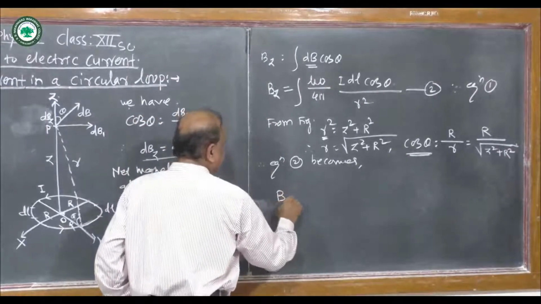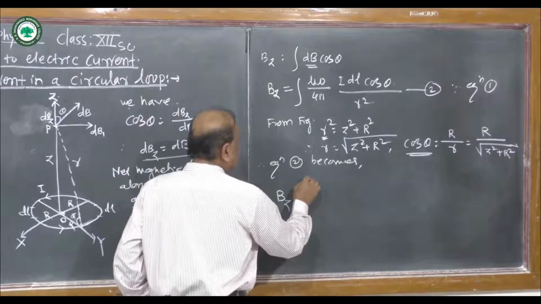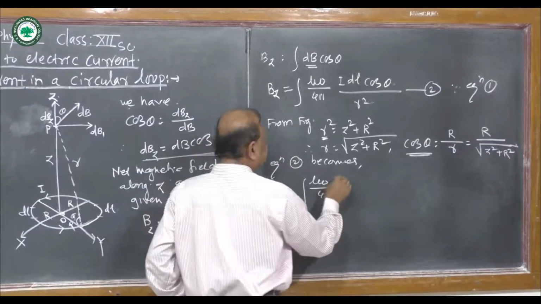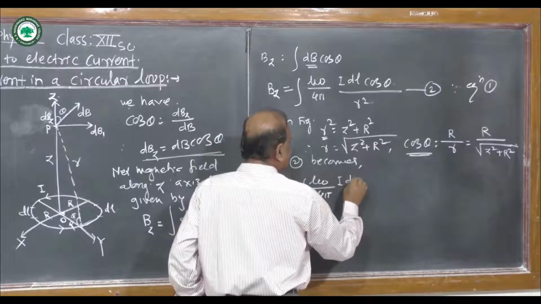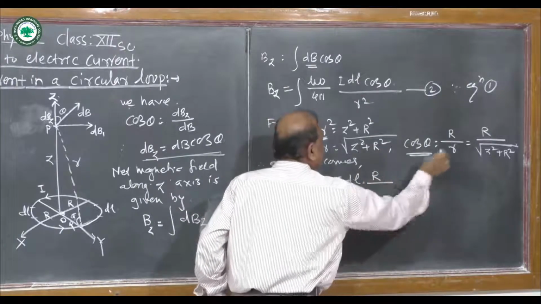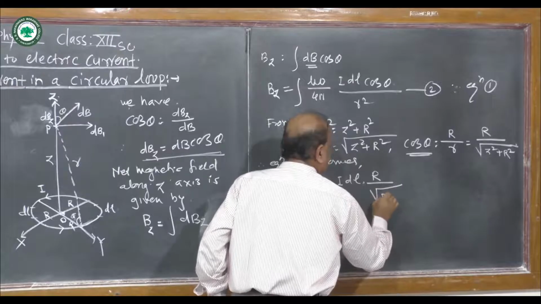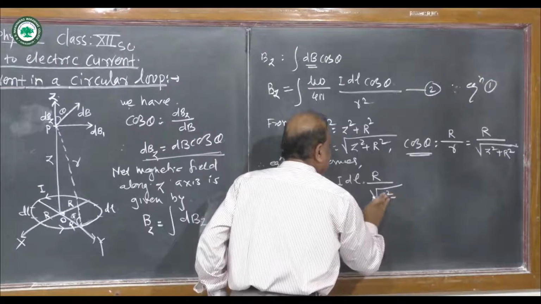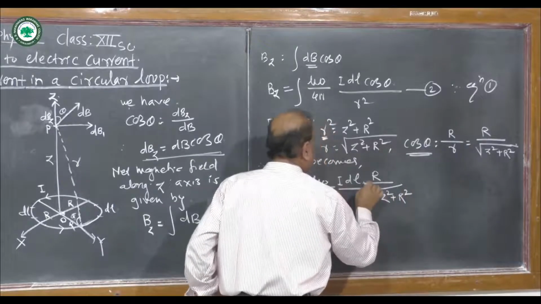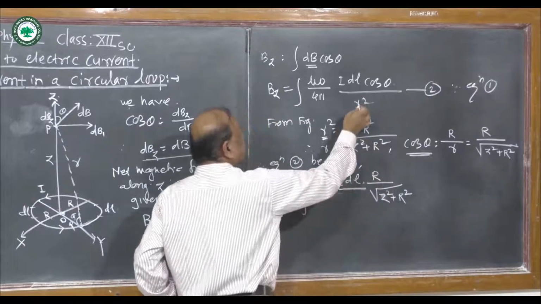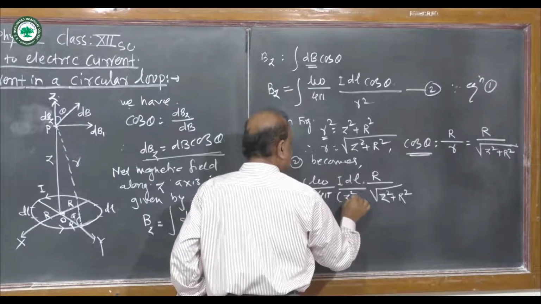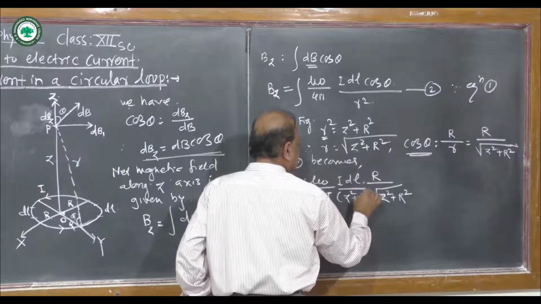Bz is equal to the integration of mu 0 upon 4 pi, I dl, into the value of cos theta, which is R divided by the square root of z square plus R square, the whole divided by r square, which is z square plus R square.